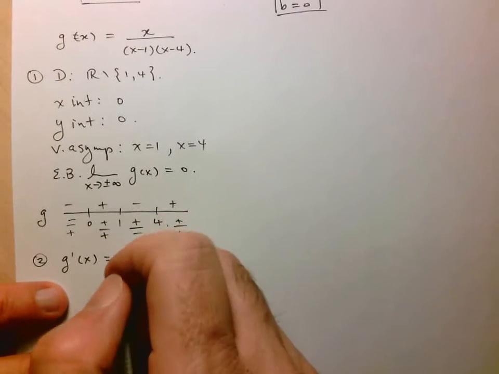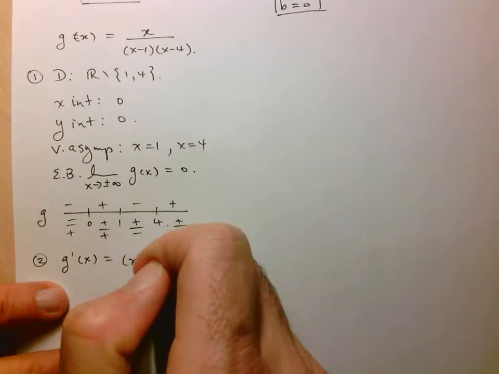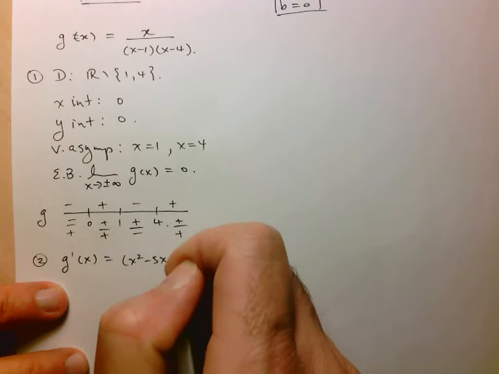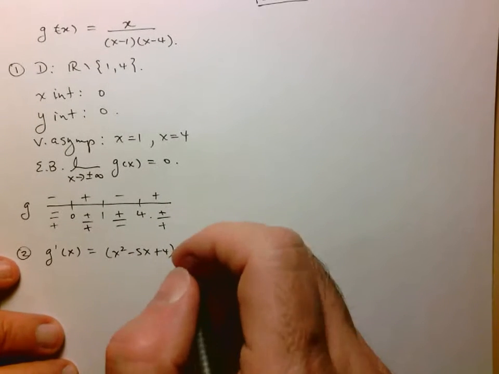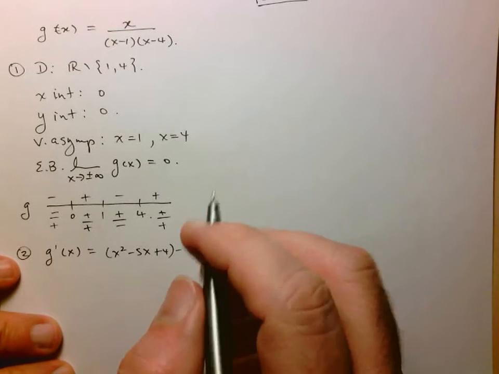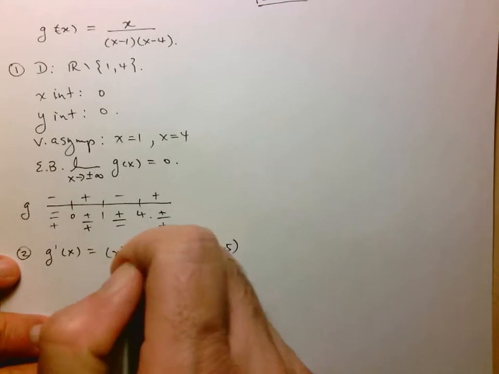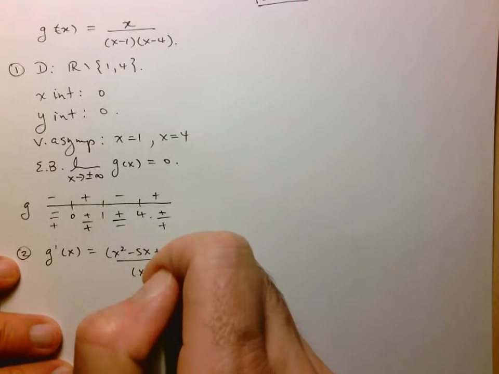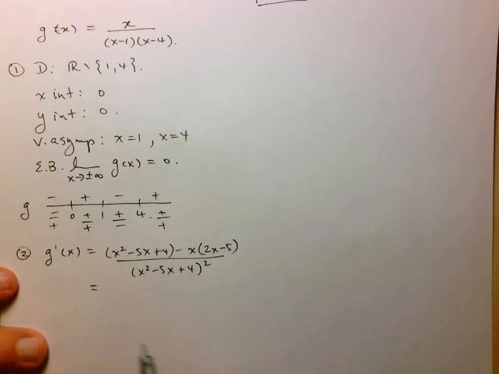We have derivative of the numerator is 1, okay, times the denominator, which is x squared minus 5x plus 4, okay, minus numerator function, which is x, times the derivative denominator, which is 2x minus 5, all over x squared minus 5x plus 4 squared.